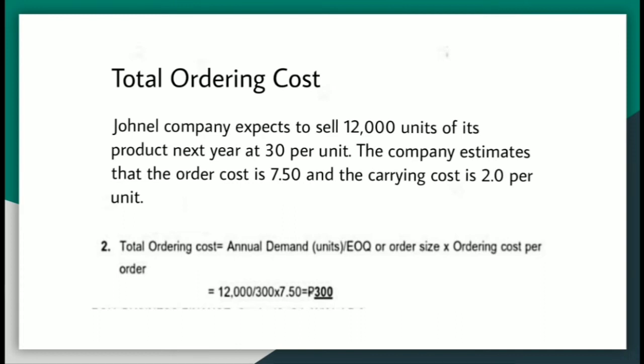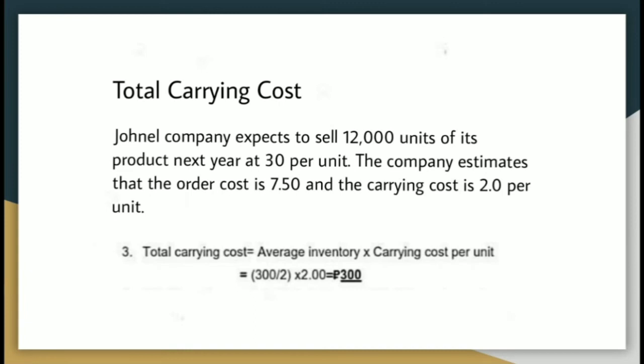Okay, third requirement is total carrying cost. We have our formula, which is average inventory times carrying cost per unit. First, what is the formula for average inventory? Let's go back to the formulas given.